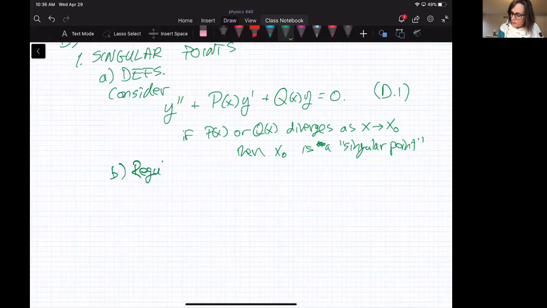We can divide these up, as we did with complex analysis, as regular, that is non-essential, and irregular, that is essential singularities. So regular is non-essential.